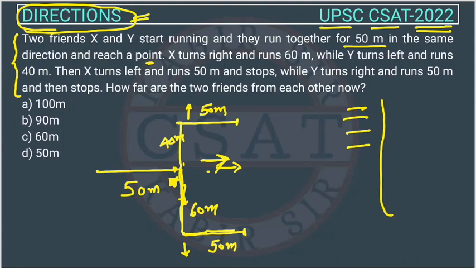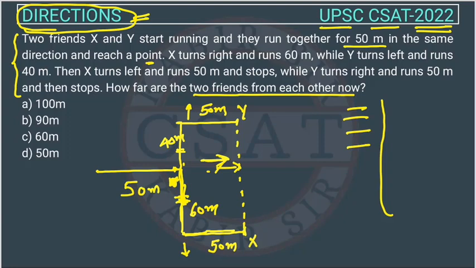So how far are the two friends from each other now? So the question is asking how far they are. So the distance between them will be this one, which I am drawing with a dotted line, right? Because X is here now and Y is this side. So this distance is equal to this combined distance.